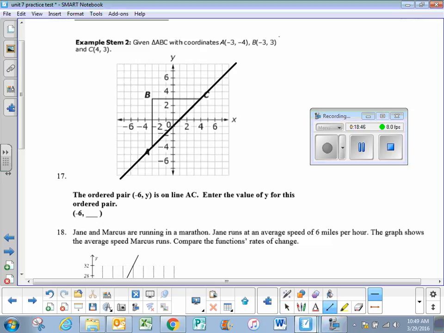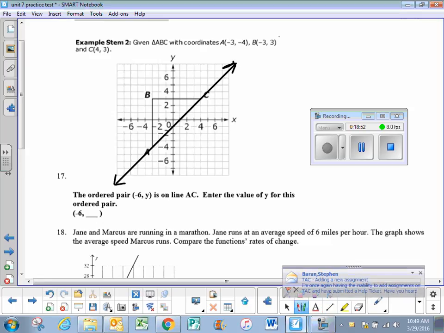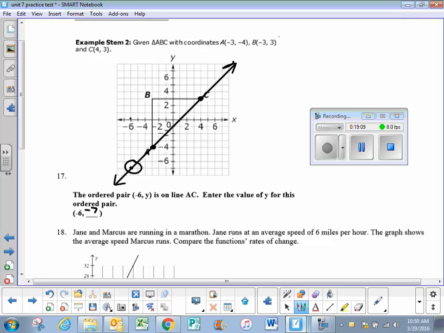So what this is saying is, line AC, right? Line AC can be extended as far as you want. A line can be named by its points on the line. So what is the ordered pair -6, what? -7. That's all I was asking.